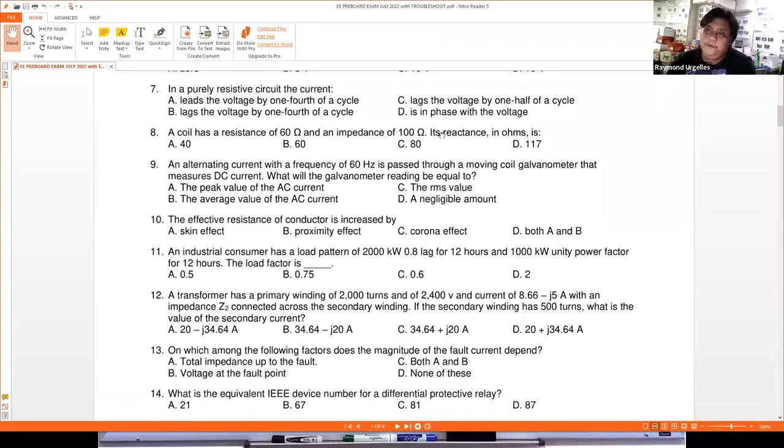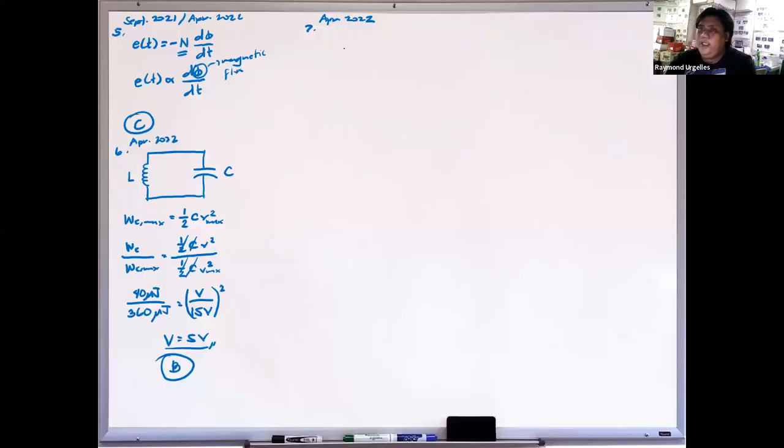Okay ba? So now, okay, itatandaan natin, pag purely resistive, the current is in phase with the voltage phasor, okay?